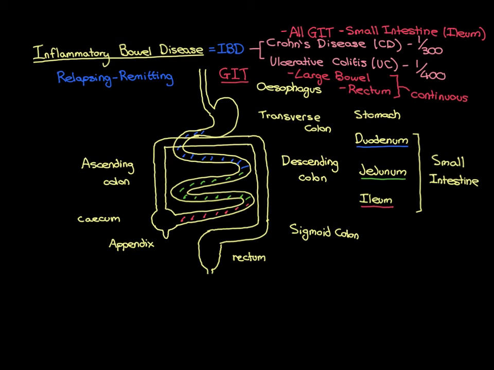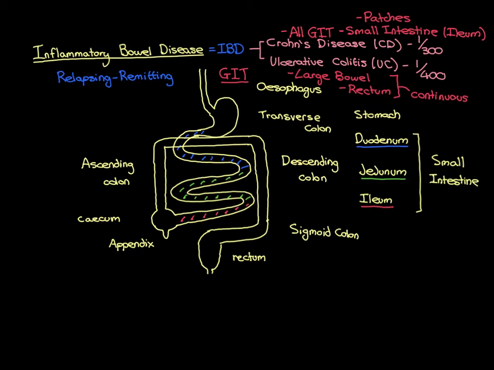The other major difference between Crohn's disease and ulcerative colitis is that Crohn's disease occurs in patches with gaps in between them, whereas ulcerative colitis, as I said, occurs in one great big patch. So in Crohn's disease, you can have a patch here that's affected, you can have a patch here that's affected, and then all of the bit in between might not be affected, which is different to what happens in ulcerative colitis.